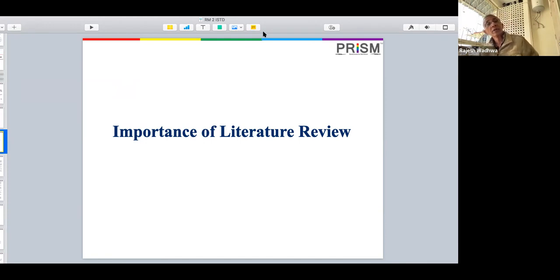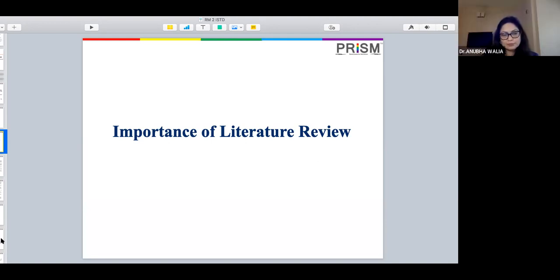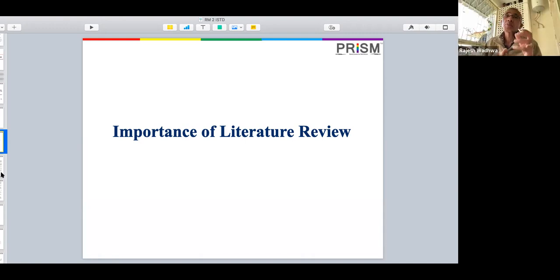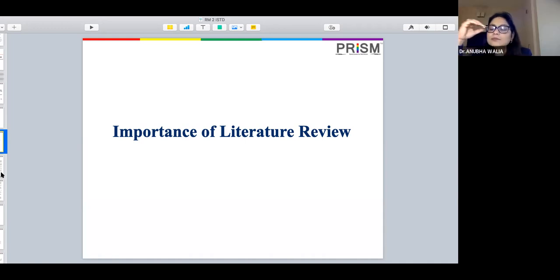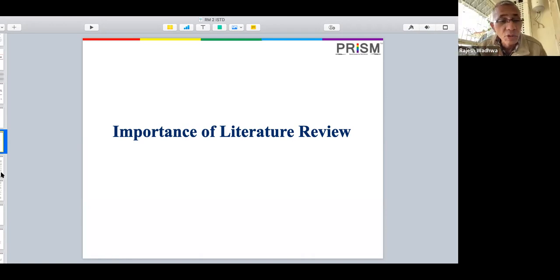But it took the scientists so much more to get thoroughly confused before stating something which they thought was best. So that's why literature review is very important, because it becomes a start point. If something is wrong there, we can set it right, or at least we take off from there. That's why literature review is important.